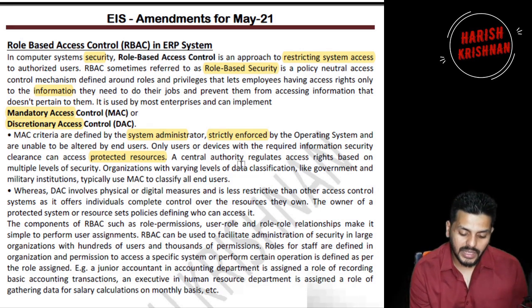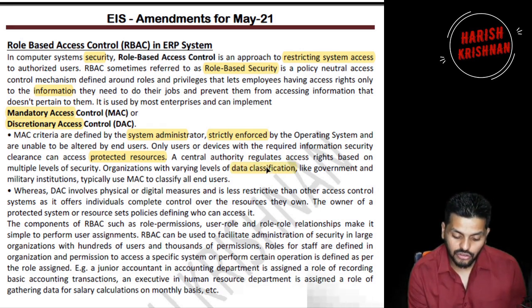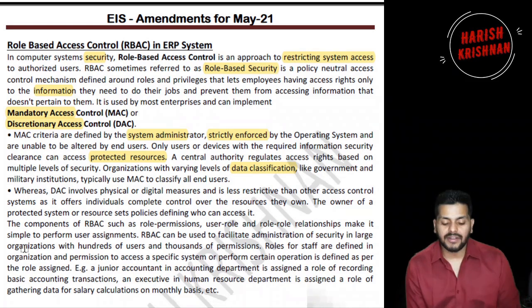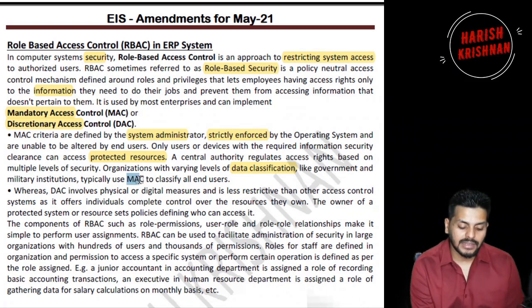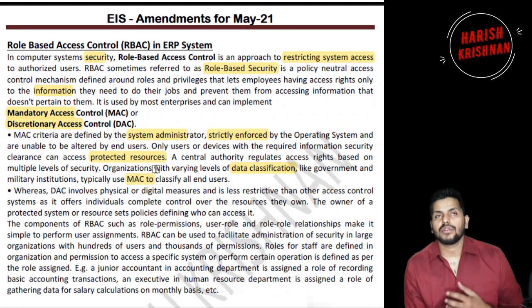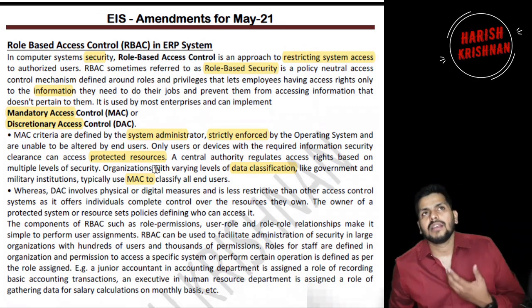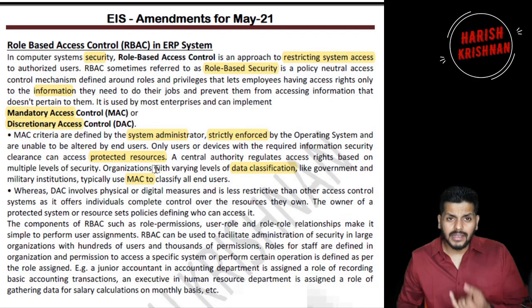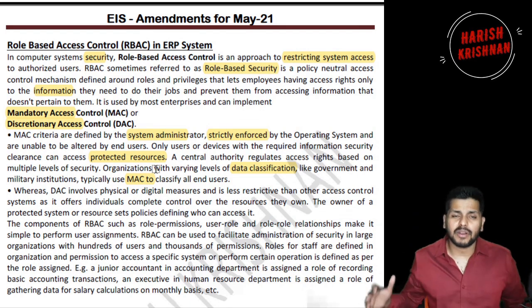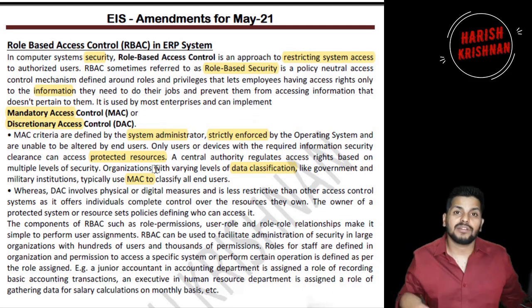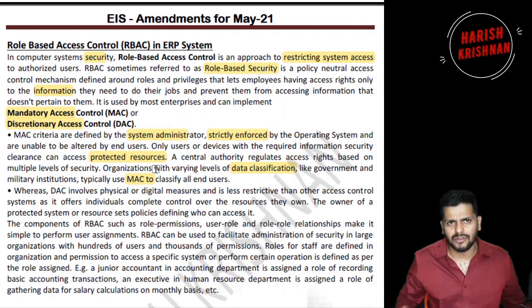Organizations with varying levels of data classification, like government, military institutions, they all definitely will use mandatory access control to kind of classify all end users. And this is very, very important for a simple reason: you look at the areas, government, defense, these are all high priority areas, so definitely control should not be given to many people to change their access powers. So mandatory access controls are defined, they'll follow that only.